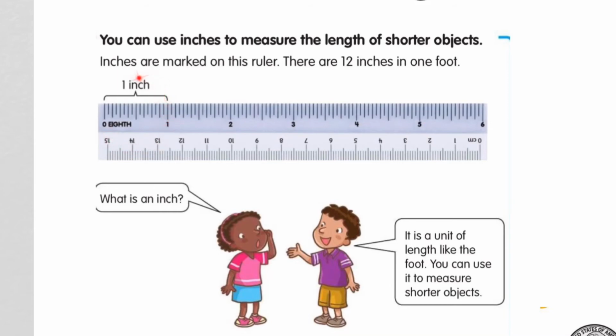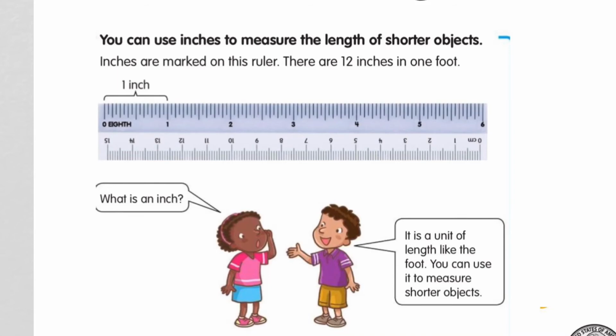So do you see that's 1 inch? This is only a 6-inch ruler. So what is an inch? It's a unit of length, just like the foot, and you can use it to measure shorter objects.